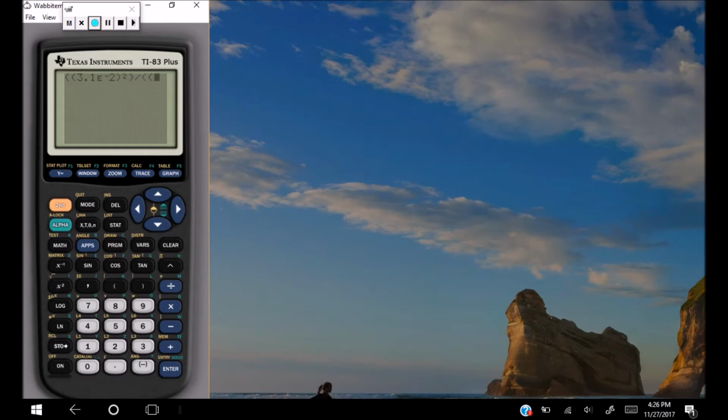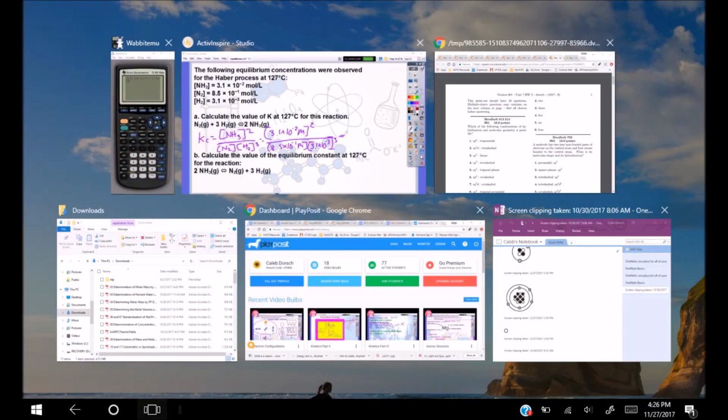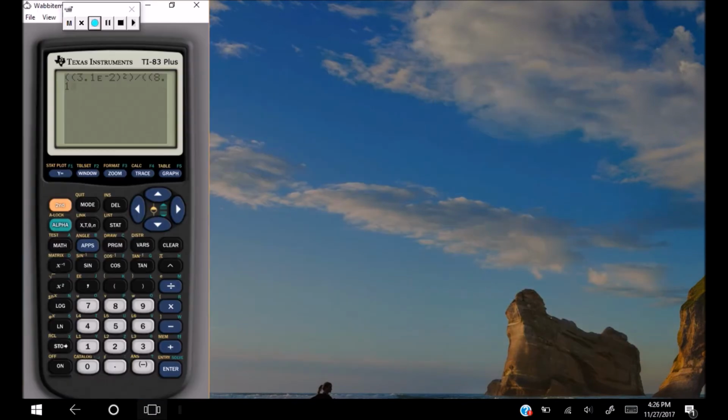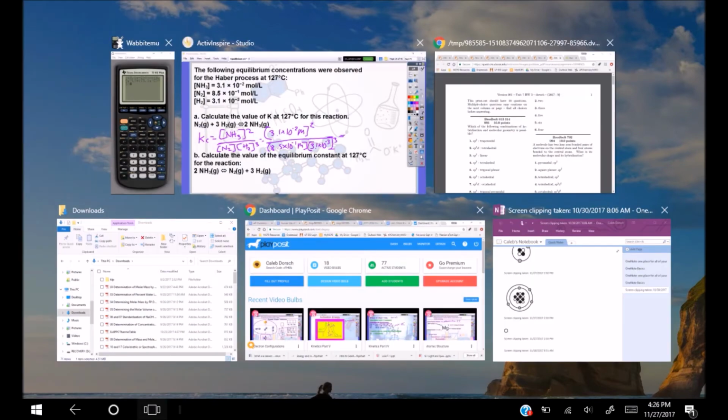Divided by my reactants, I said 8.1, was it 8.5. 8.5 e to the negative first, and this is times 3.1 e to the negative third, and this one we are cubing. Let me double check, make sure I read that right. Yep.